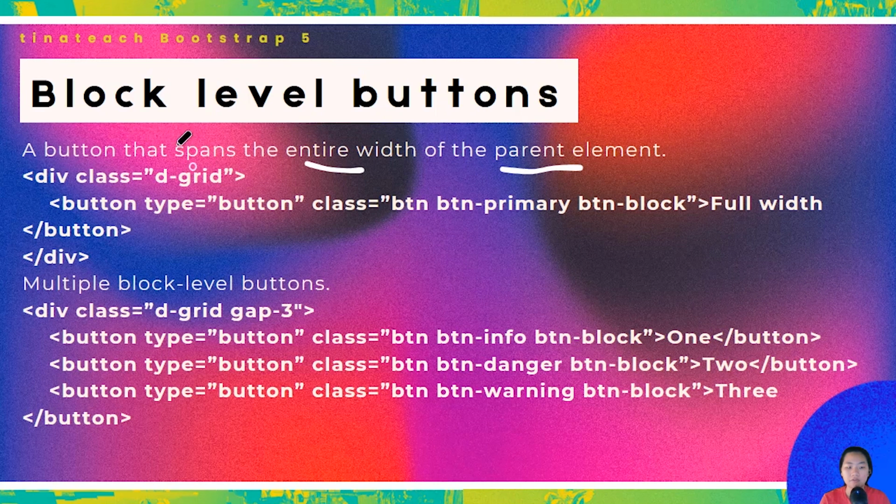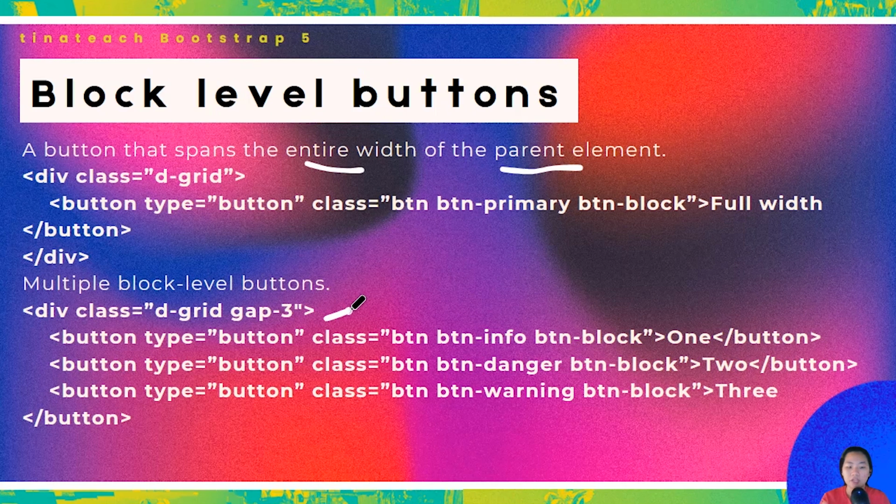d-grid for the class of the div container for these buttons. Button type button, and you've learned of this before in the previous lesson. Class btn, and then btn-primary for the color, and btn-block to signify that this is a block level button, full width. Okay, now you obviously can have multiple of these block level buttons and have them appear side by side, as I did here.